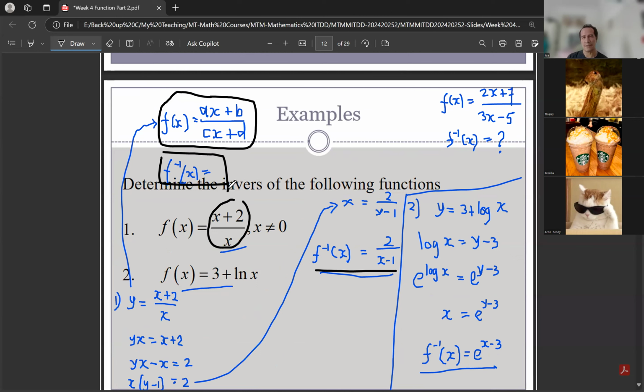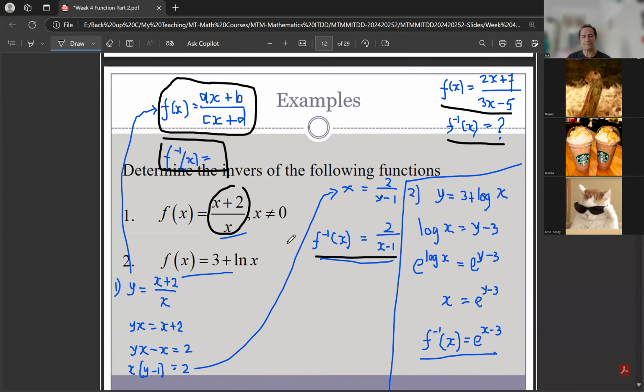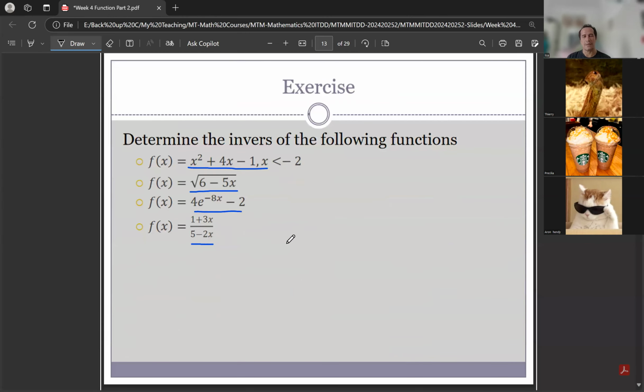For example, here, the inverse of the function can be found by using the same procedure. And we have some problems to find the inverse of the function from quadratic function, square root function, exponent function, and rational function.